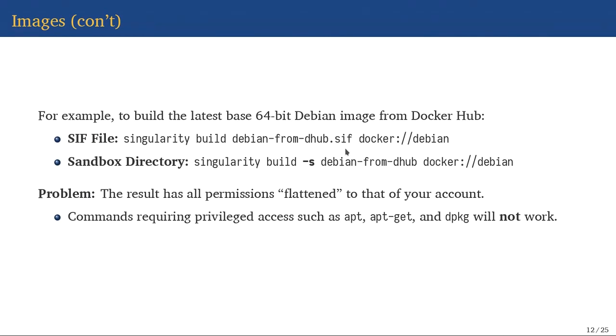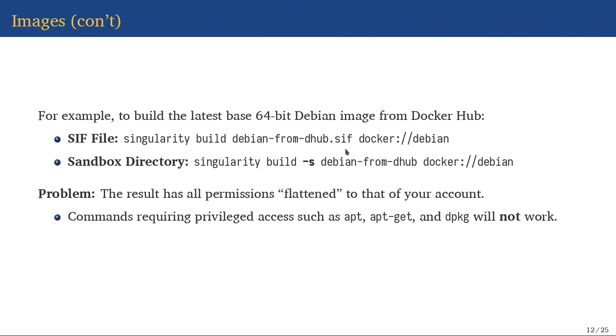Okay, so you build your image. What you do is you write singularity, and then you say build, so that tells you you're going to build an image or a Sandbox image or a file. And then you give it a name. In this case, I'm going to build an SIF file, so I called it Debian from dhub for Docker Hub.sif. And then the last argument is the Docker URL.